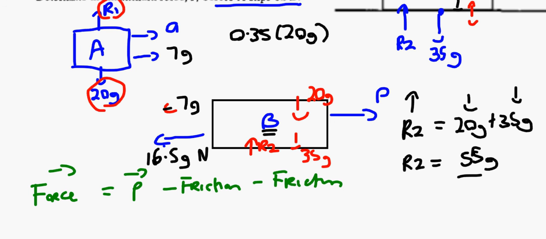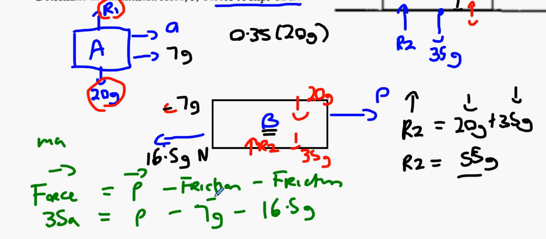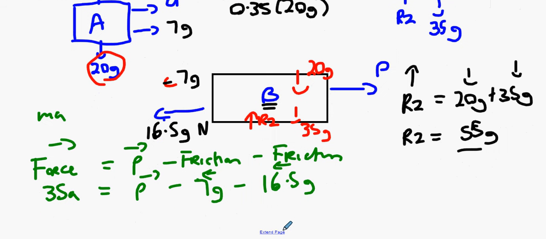So the force is going to be ma, which is 35a, because we're talking specifically about particle B. It's going to be minus 0.35 times 20, which is your 7g newtons, and then also your 16.5g newtons acting to the left as well. So both are acting to the left and P acting to the right. Now we haven't got an a value just yet, so we have to figure out what the a value is.